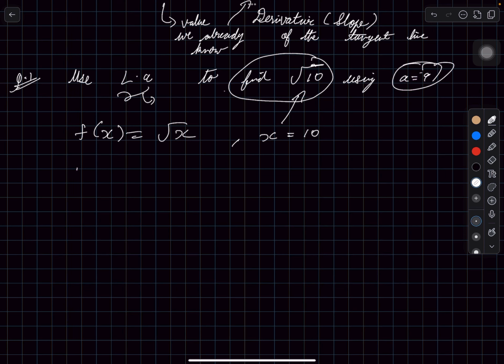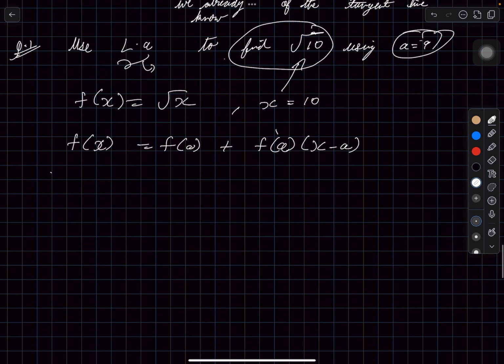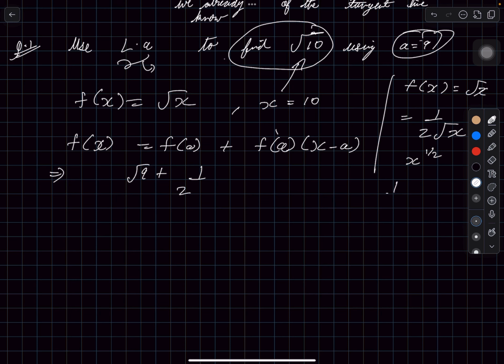So we'll just put in the formula: f(a) plus f'(a) times (x minus a). So f(a) is root 9, plus the derivative of root x, which is 1 by 2 root x. You can find this from the power rule, x to the power 1 by 2, then 1 by 2 minus 1.